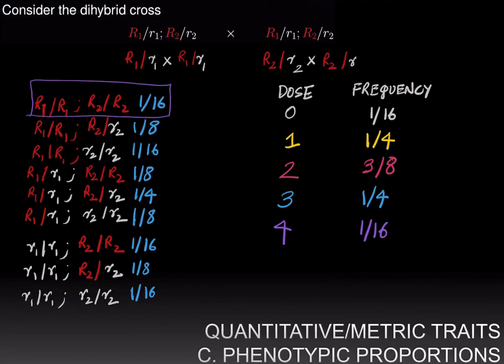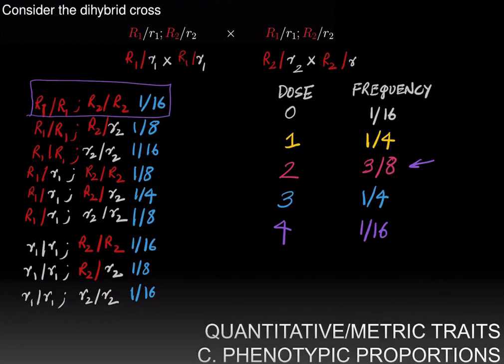And so we see that the intermediate value, dose 2, is the most frequent genotype, and this resembles quantitative traits, this hallmark or feature of quantitative traits.